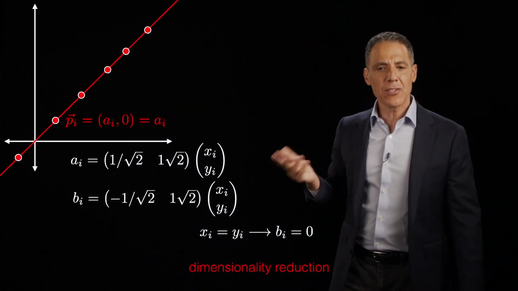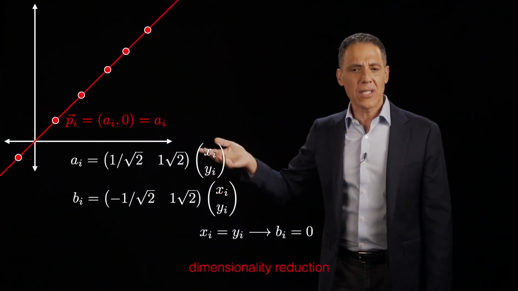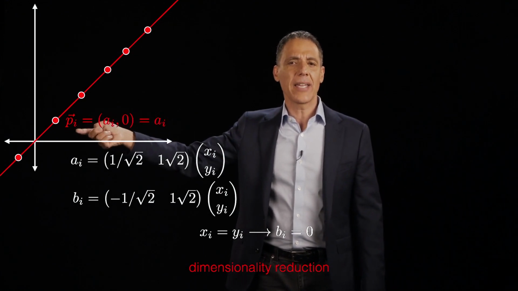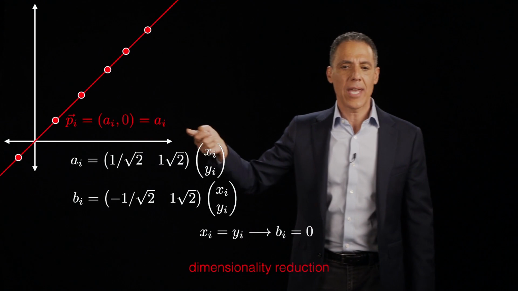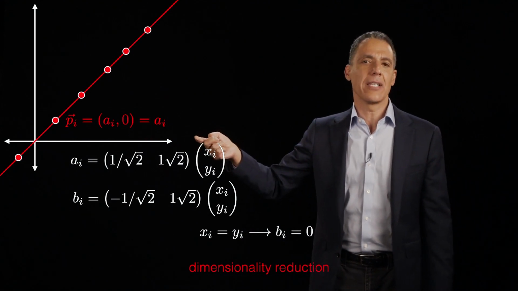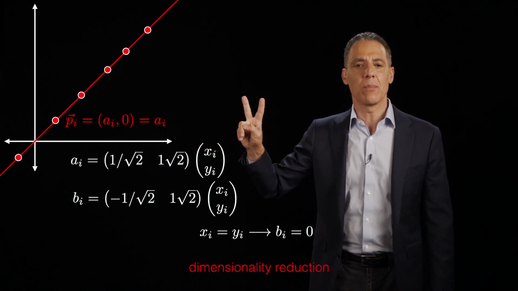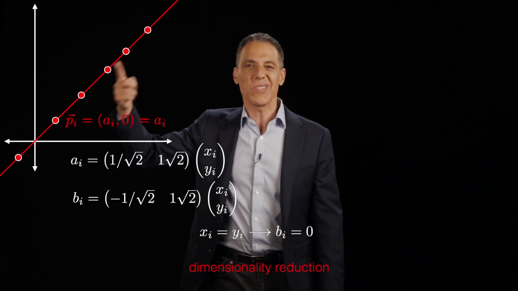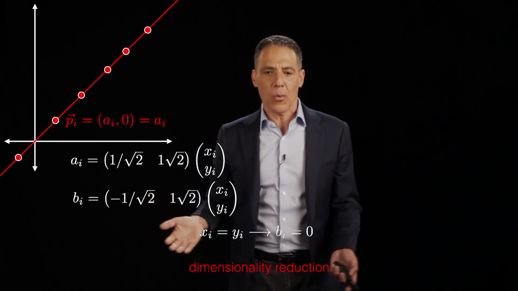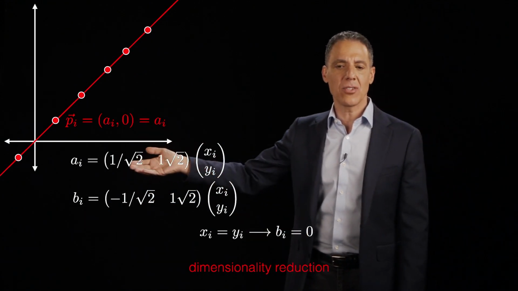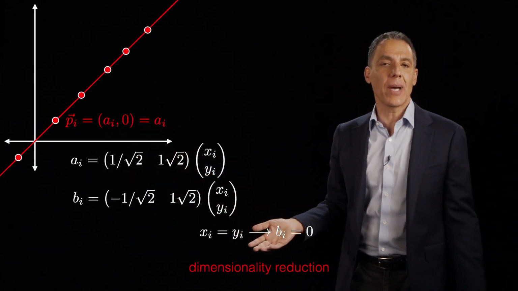Now, why is that interesting? Well, because each P sub i in the new basis representation now only has a single scalar that I need to represent the value. I don't need two numbers because the second number is always 0. So why would I lug that around? Well, what have I done here by changing the bases? I've reduced the dimensionality of my data.